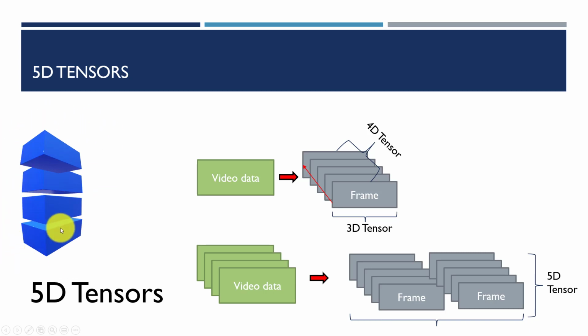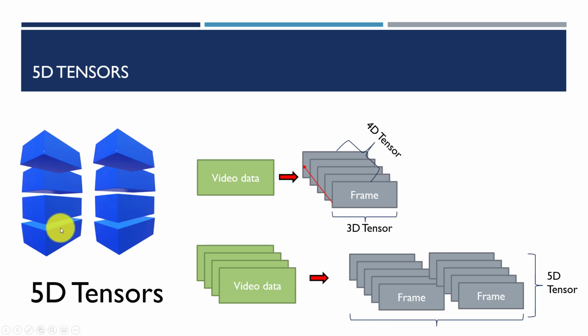When we have multiple videos, we create more of these structures. This is how we can visualize a 5D tensor, and we can go further to any higher dimensional tensors, as the concept is similar. But in most scenarios, up to 5D tensors should be fine.